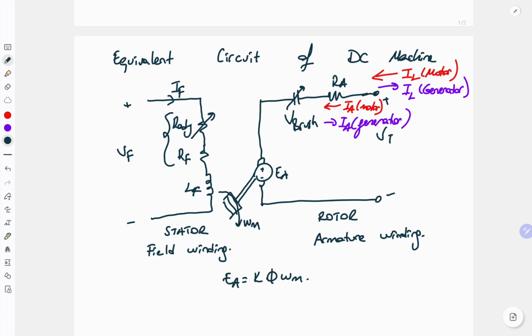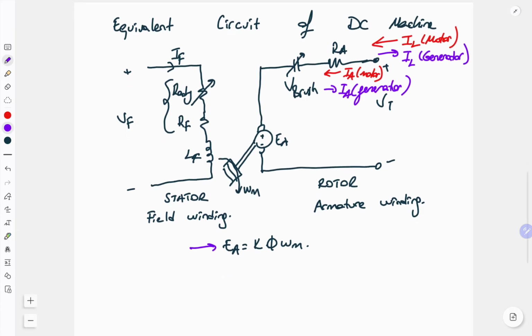So when we examine the magnetization curve of the system, we need to examine this expression, the internal generated voltage. If we have a constant speed and combine all the constants together, EA will be a function of flux.